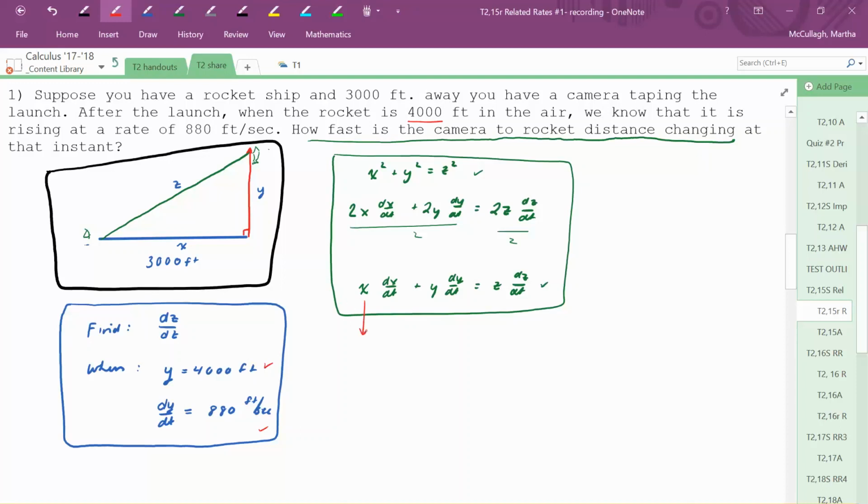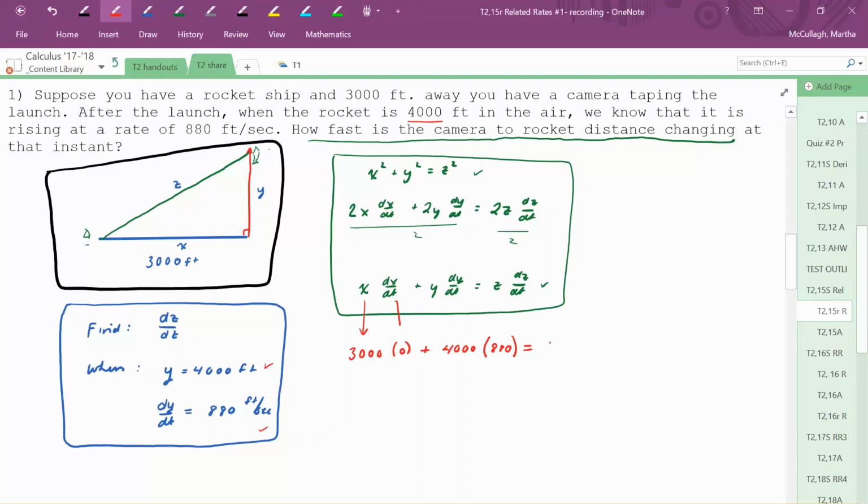Well, I know that x is 3,000 feet. dx dt, well, how is x changing with respect to time? x isn't changing, so the rate of change is 0. The y value at this point in time is 4,000 feet, and its rate of change was given at 880 feet per second.